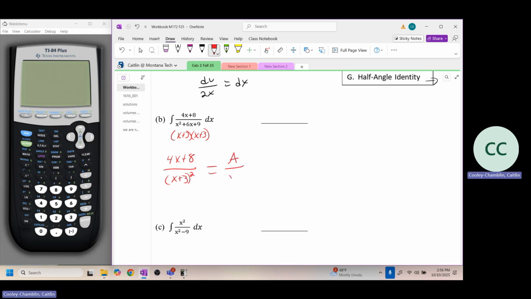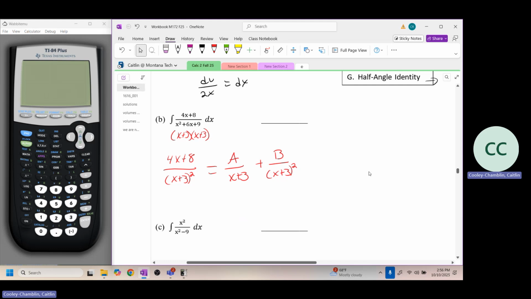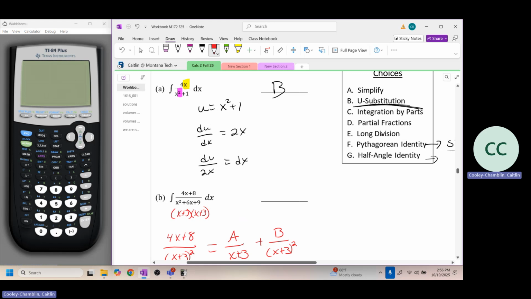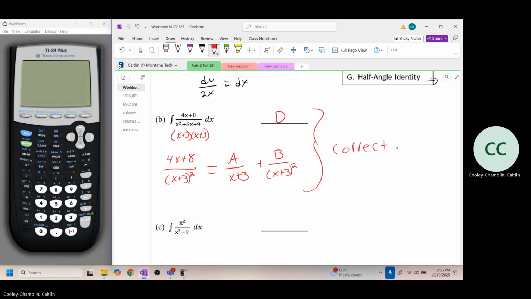So A over x plus 3 plus B over x plus 3 squared. This is partial fractions. Oh, I shouldn't have done this in red. Sorry, guys. I'm going to leave it in red. This is correct.